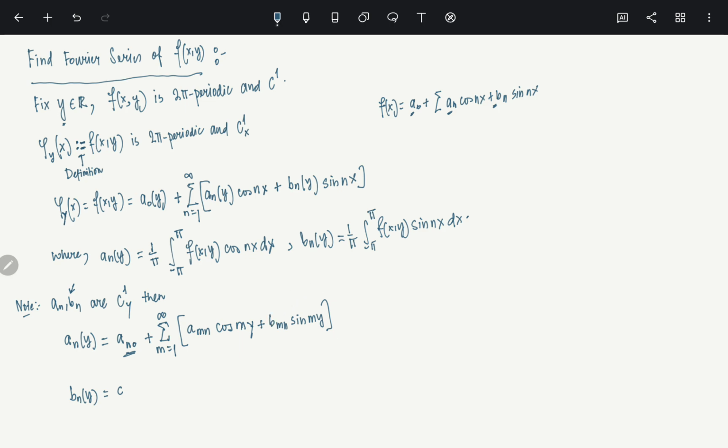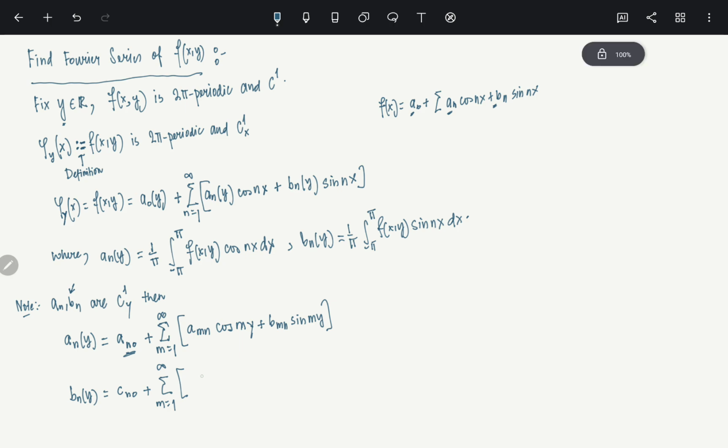So b_n of y can be written as c_n0 plus summation m equals 1 to infinity. Again, when you do this double Fourier series, be very vigilant, because there are two variables involved.